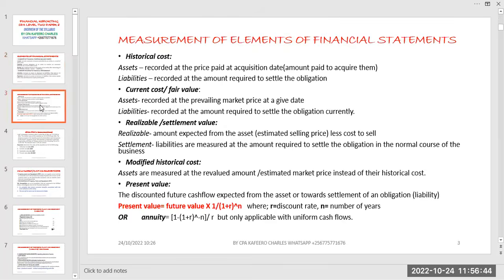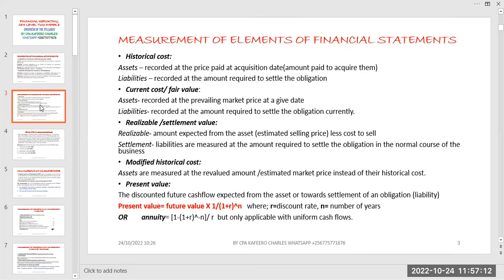Okay, we can proceed to the next one and we look at the measurement of those elements. How do we measure those elements we are talking about? If we are acquiring an asset, how are we going to assign the values on those assets? If you have acquired an asset today, which value are you going to attach to that?